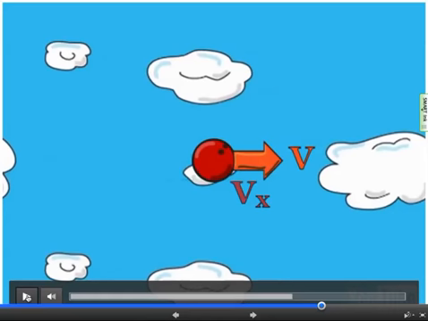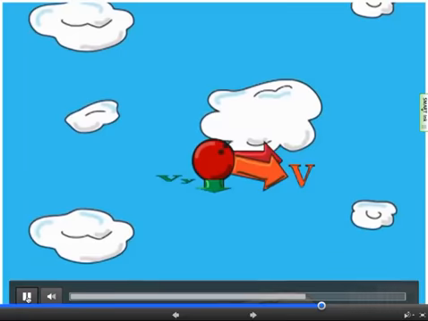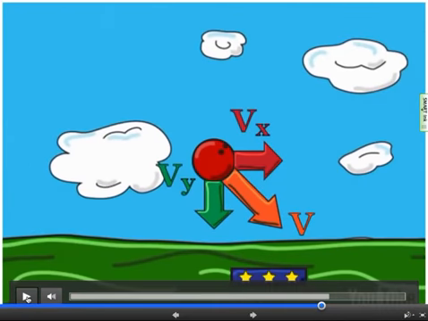But after the peak happens, the vertical velocity now becomes negative and goes downward. And right before it hits the ground, everything is back to the same as it was when it was launched, except it's backwards. The horizontal never changed, but the vertical is now downward.